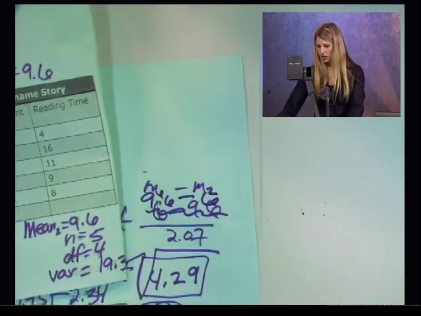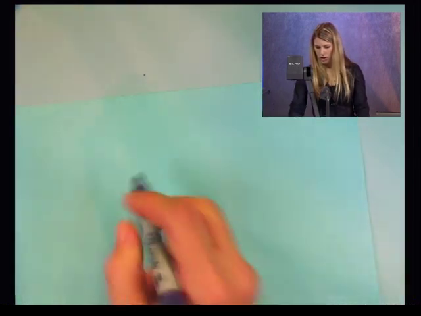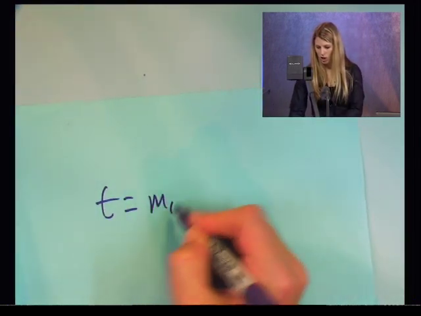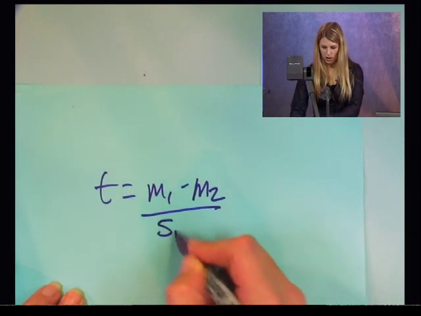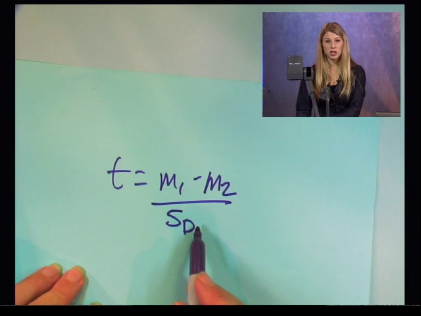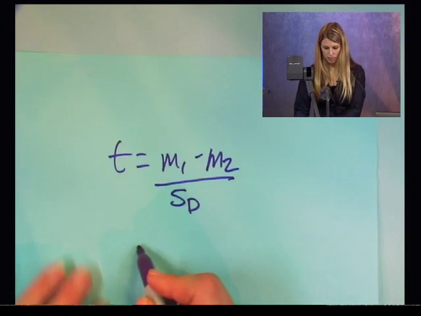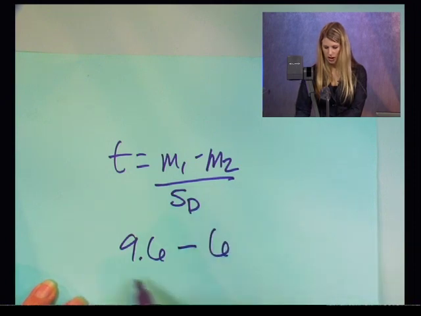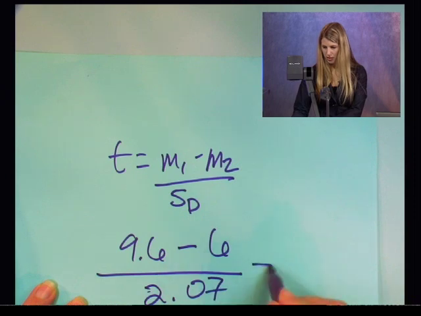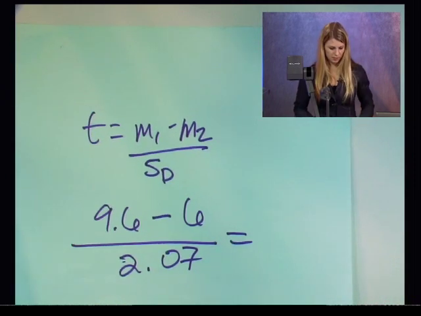And let me just clean this up a tiny bit for you. So T equals mean 1 minus mean 2 over the standard deviation of the differences of means. So your mean 1 was 9.6, your mean 2 was 6, divided by 2.07. So go ahead and calculate this.